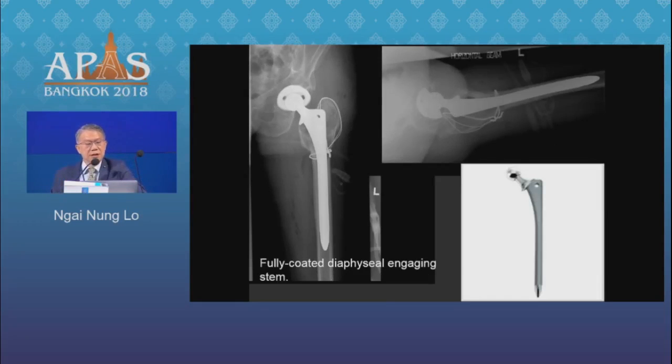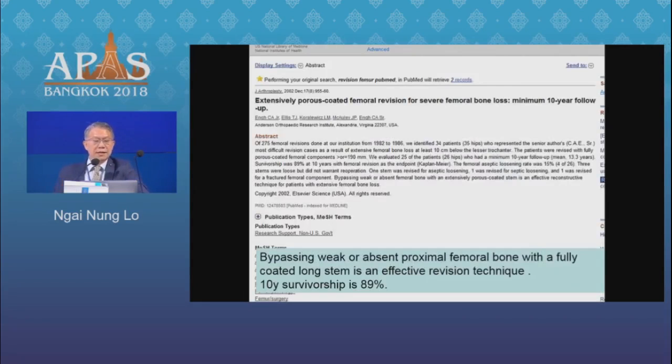And this, in the old days, we were very happy with the Solution type stems, scratch fit, fully coated down the diaphysis. And then, of course, proximally, once you've gotten rid of that debris-generating machinery, often there's some healing of bone. And these extensive porous-coated implants, this monoblock scratch fit type implants, allowing us to bypass the weak or absent proximal bone, works very well.